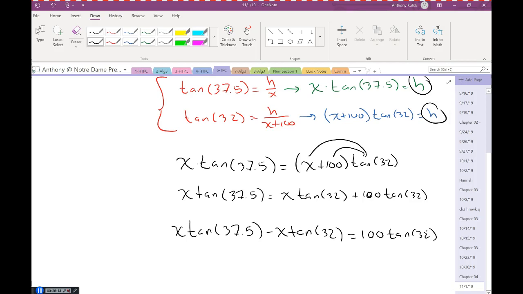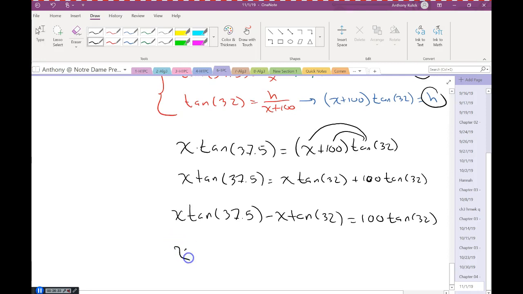Notice now that each of the terms on the left-hand side contains a factor of x. I have x tan 37.5 and x tan 32. I'm going to factor a greatest common factor of x on the left-hand side. So that's going to be x times the quantity tan 37.5 minus tan 32.